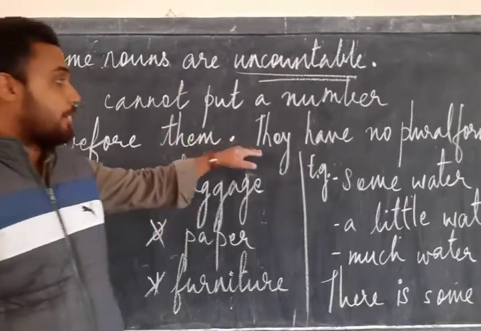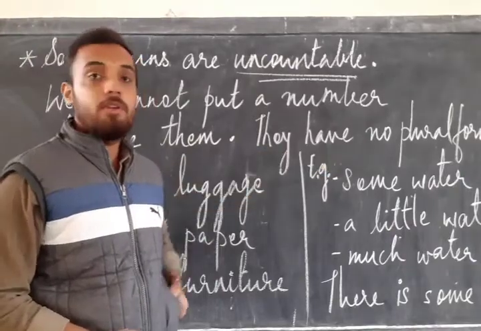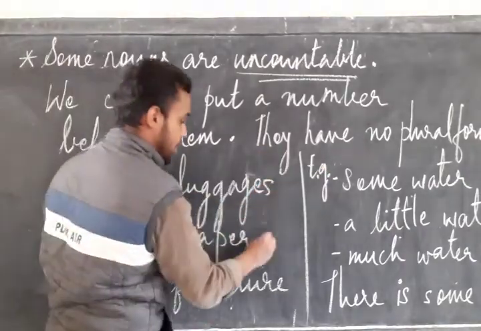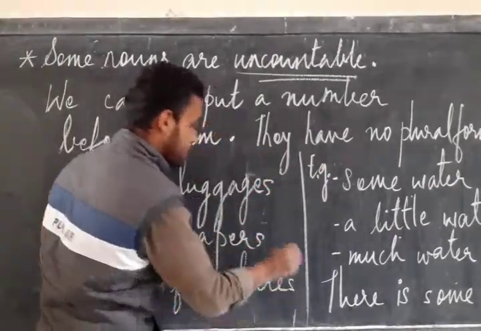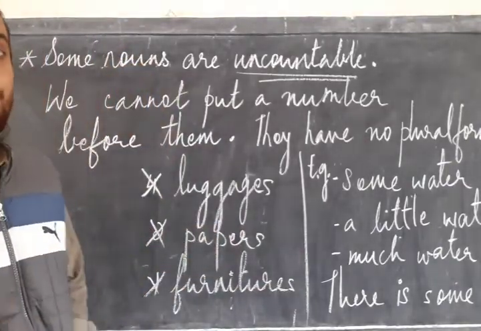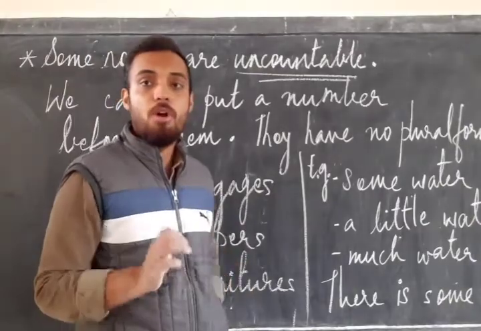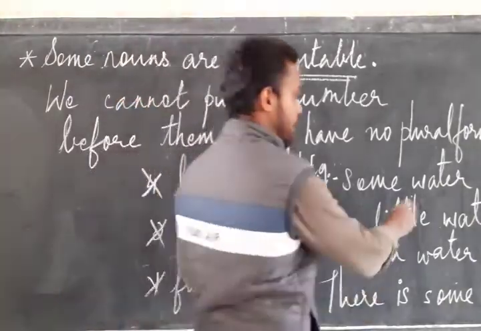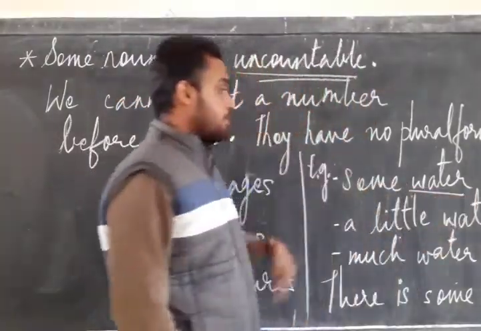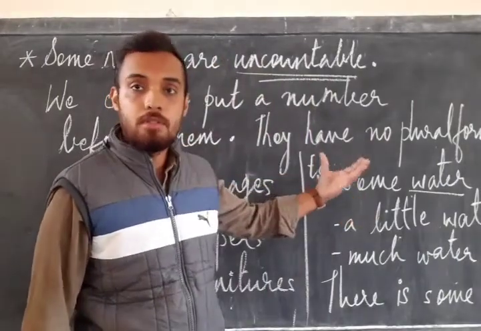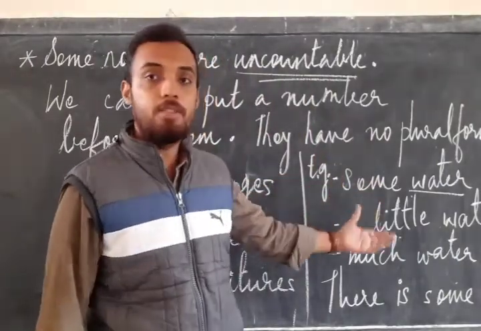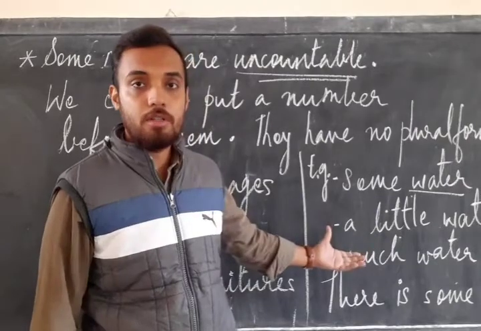Again, they have no plural forms: luggages, papers, furnitures, we can't use them in plural form. Example: water. Water is an uncountable noun.